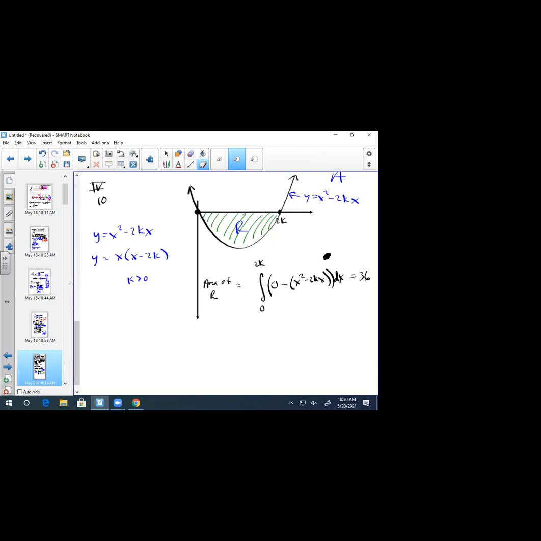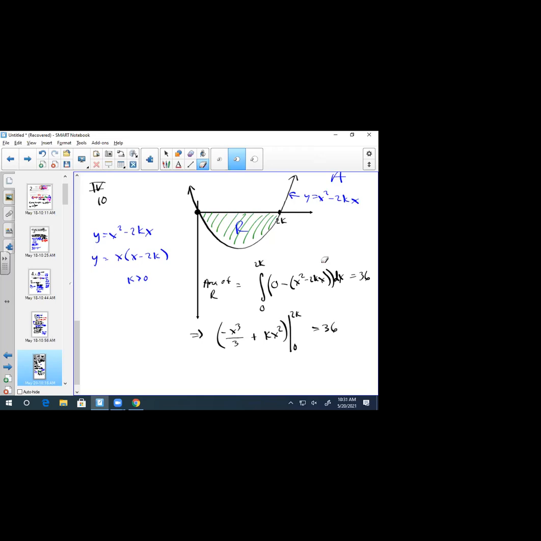So now this implies negative x cubed over 3 plus kx squared, going from 0 to 2k equals 36.